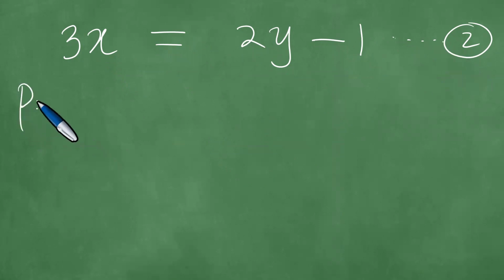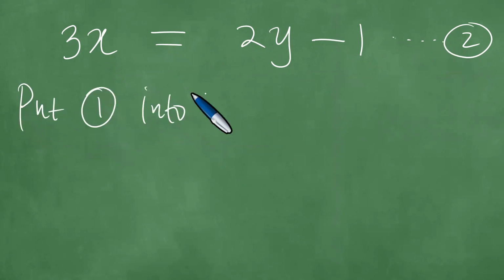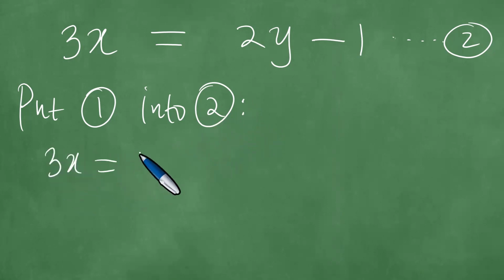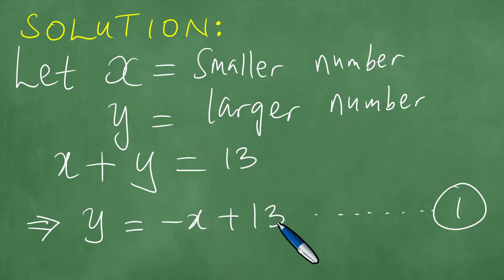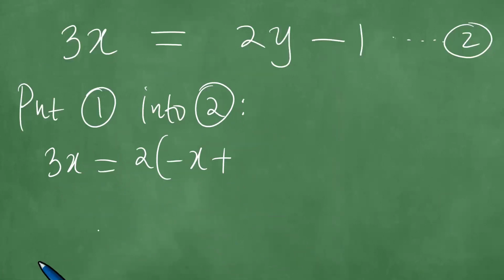And we proceed to then say put 1 into 2, which means that 3x equals 2y, and y is minus x plus 13, right, like so.